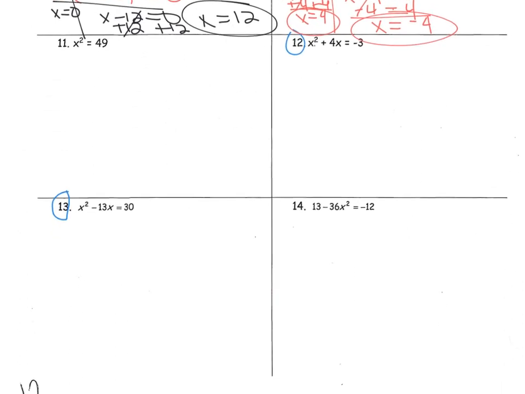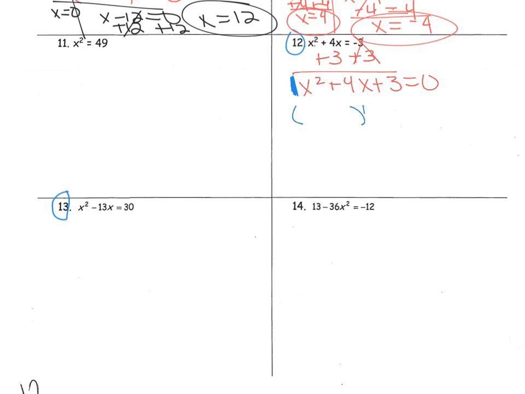For question 12, all right, I have to, again, get this in standard form. It's not in standard form, guys. So you got to add over that 3. Now I have x squared plus 4x plus 3 equals 0. This is in standard form now. We can factor. I'm going to double bubble because my leading coefficient is 1.